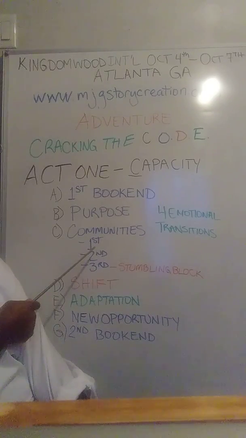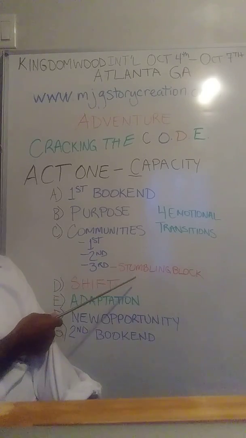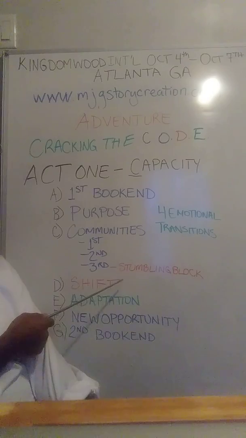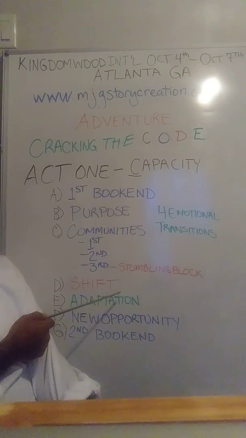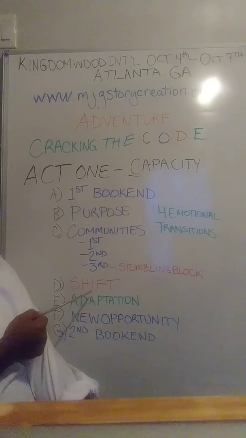So we get introduced to all of her communities and her stumbling block, which is the fact that she is stubborn. She has the shift, which is, of course, Miss Gulch, the Wicked Witch, wanting to put her dog Toto to death. And so she adapts to it. When Toto escapes, she decides to run away.